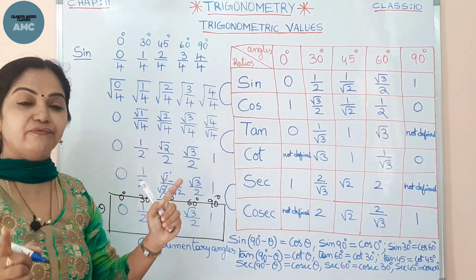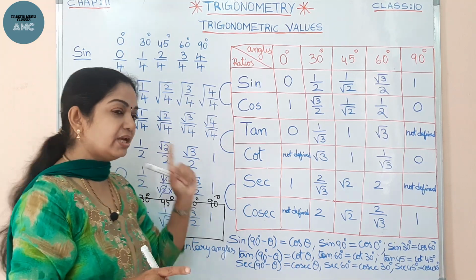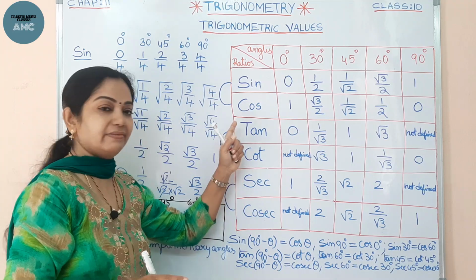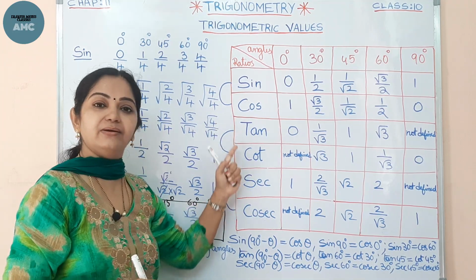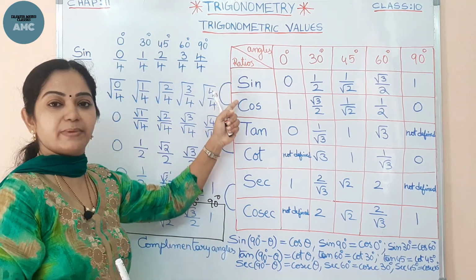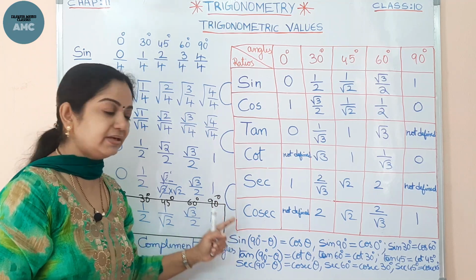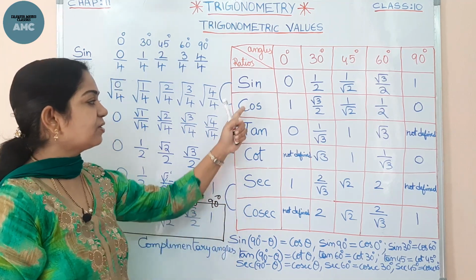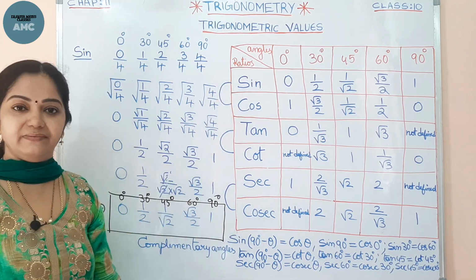Don't get confused between the multiplicative inverse and the complementary angles. Only for tan and cot, they are the multiplicative inverse of one another as well as the complementary angles. Sine and cos form a complementary pair. Secant and cosecant, a complementary pair. But secant and cos are multiplicative inverses. Sine and cosecant are multiplicative inverses.